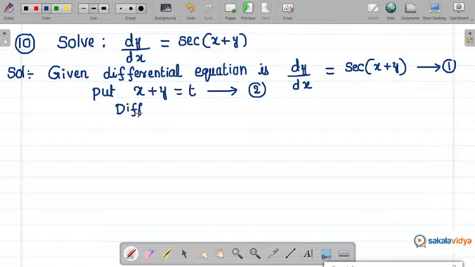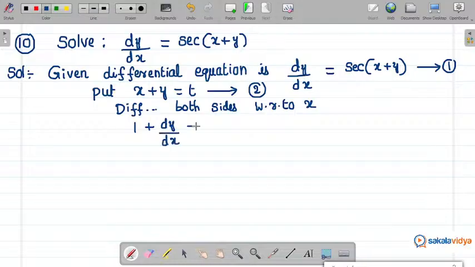Differentiate both sides with respect to x. So x differentiation is 1, plus y differentiation with respect to x is dy by dx, derivative of t with respect to x is dt by dx.